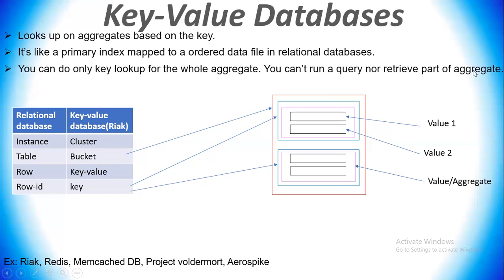But some database management systems will allow part of an aggregate to be retrieved. But in key value, it is not true. Key value doesn't allow it, but we will discuss in a moment some database management systems for document and column family stores that allow that to occur.